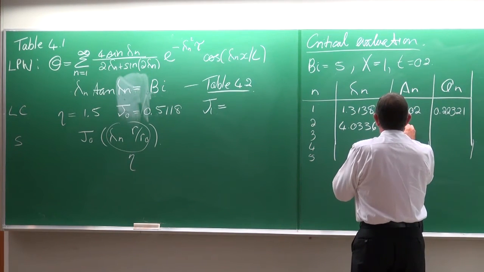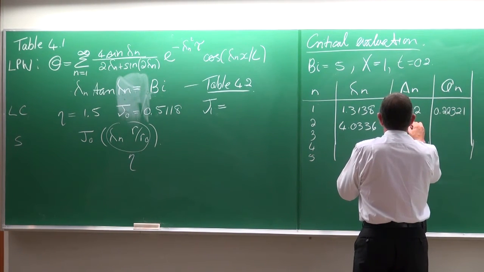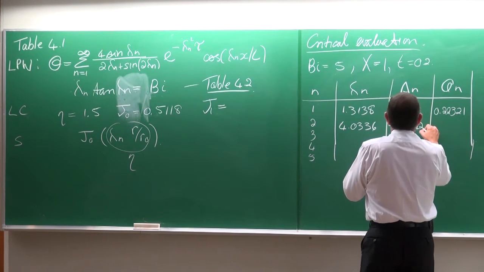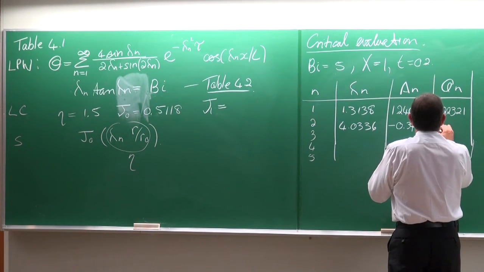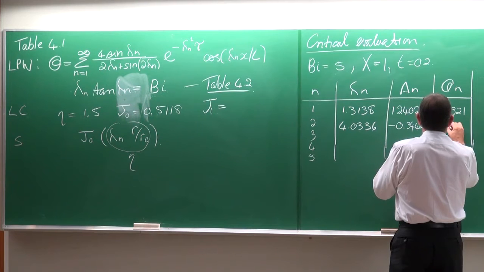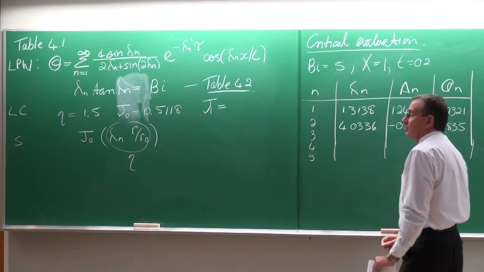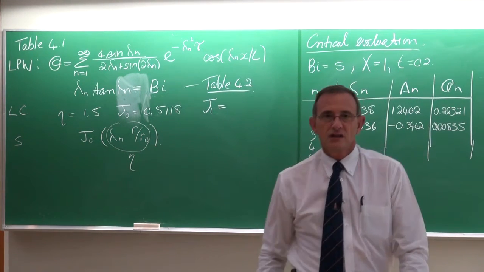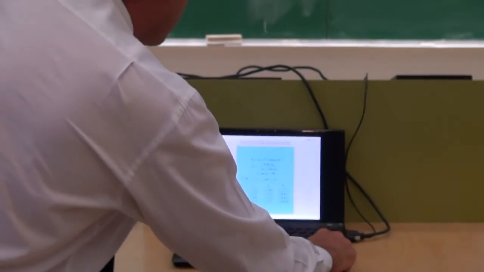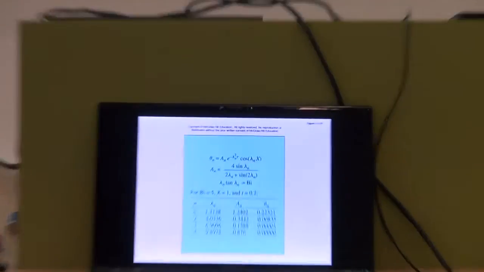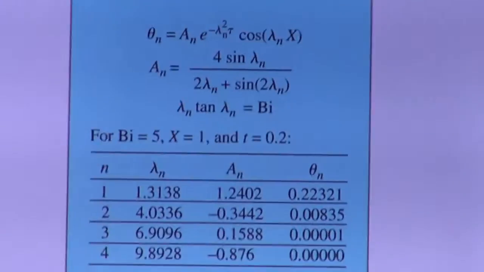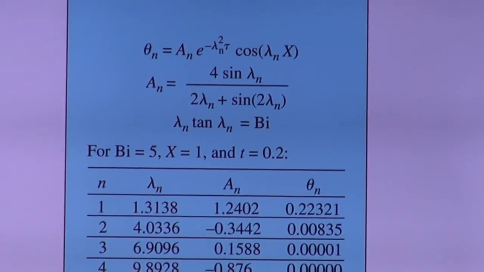And the An value would be equal to 0.3442, and then theta would be equal to 0.00835. Now let me show you the other values if we would do it for n equal to 1, 2, 3, 4, and 5. Marlies, you can show it for us quickly. There they would be.